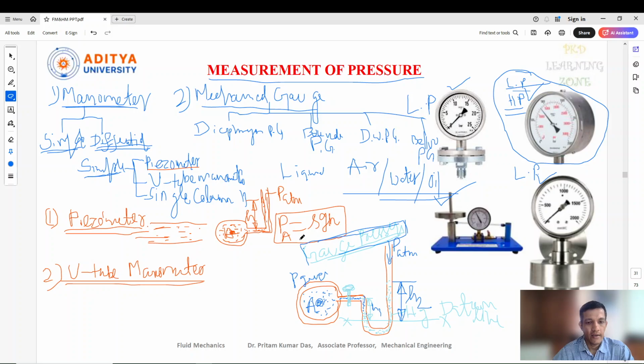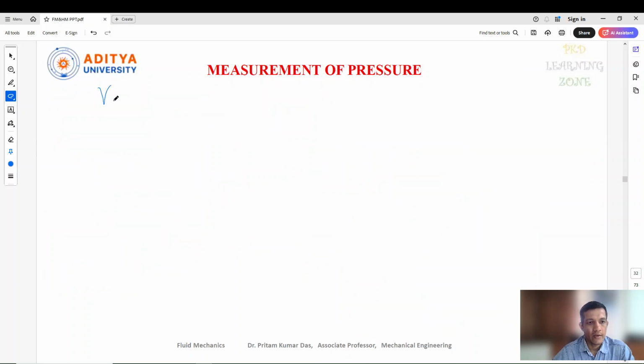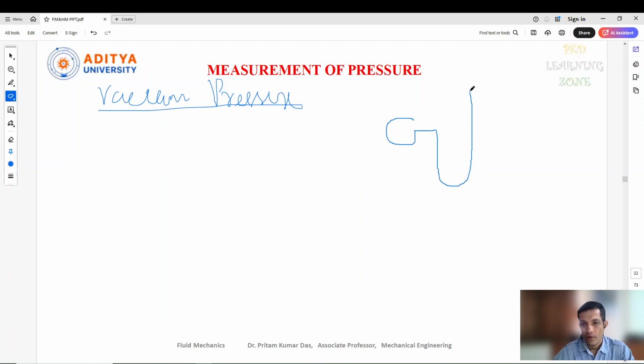Now similarly, let's consider the vacuum pressure. What kind of diagram can be drawn? Let me draw one here.